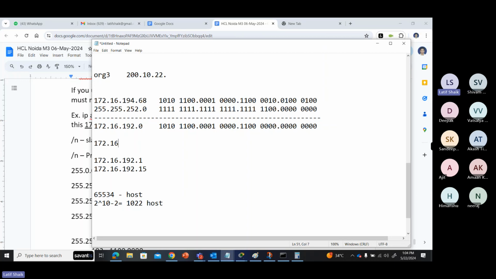So what is your network or what is your IP address? I will tell what my network is. This is my network like this. Simply I'm representing my network.